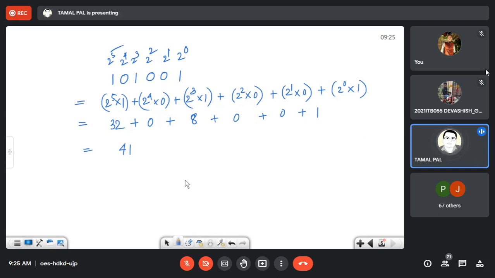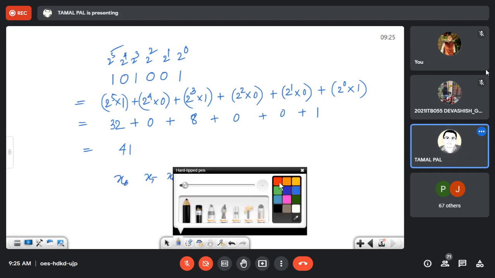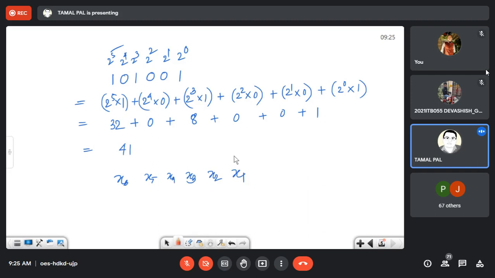Now if your number is of base r, x1, x2, x3, x4, x5, then its weightages are r to the power 0, r to the power 1, r to the power 2, r to the power 3, r to the power 4, r to the power 5, in this way. So ultimately, what is the number in decimal?